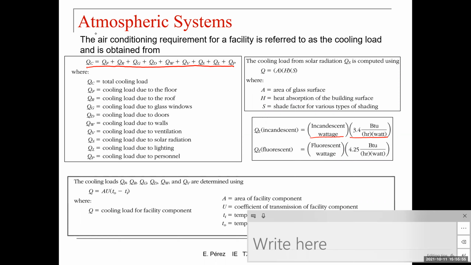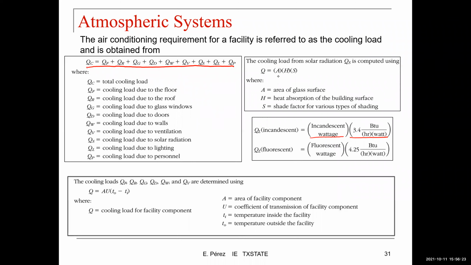So in the assignment, the outside temperature is 98, and it would depend on what you're designing for. If it is 98 outside and the inside temperature you want is 78 degrees, then you're trying to design a cooling system. The difference will be T0 minus Ti, and that will be a positive number. For the coefficients, those will be given.